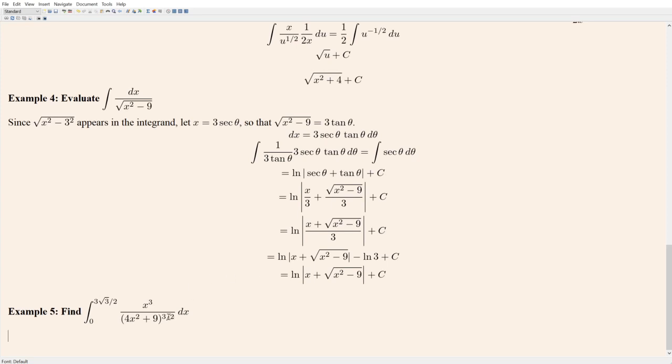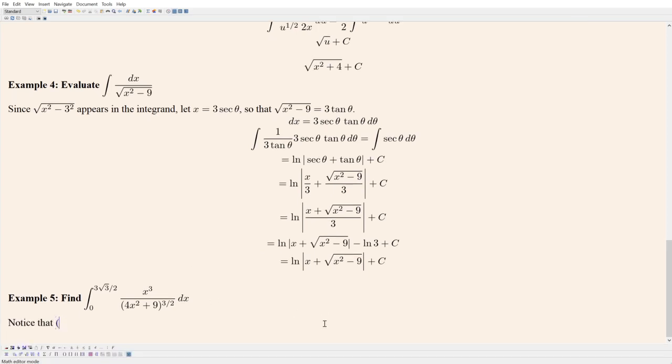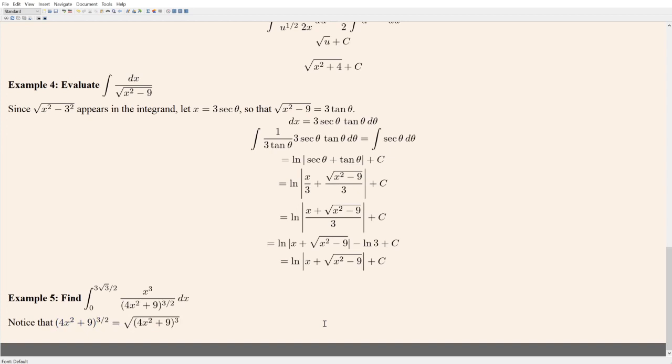In this case, since the denominator of the fraction is a 2, that means we are indeed taking the square root of this. So in particular, 4x squared plus 9 to the 3 halves is the square root of 4x squared plus 9, cubed, by definition.